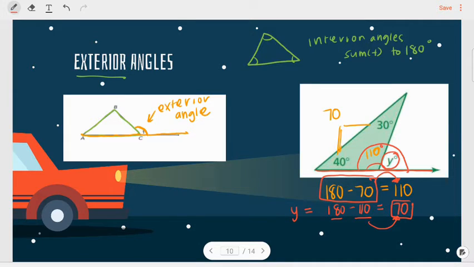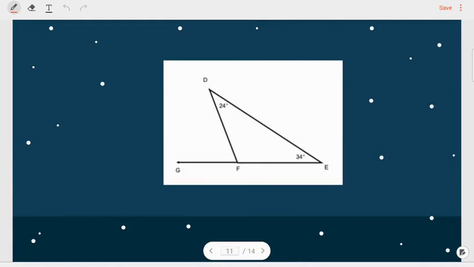The rule that I want to introduce to you today is that on a triangle, if I add the two angles that are furthest away from my exterior angle, those two angles added together and my exterior angle will be the same. Let's write a rule for this.